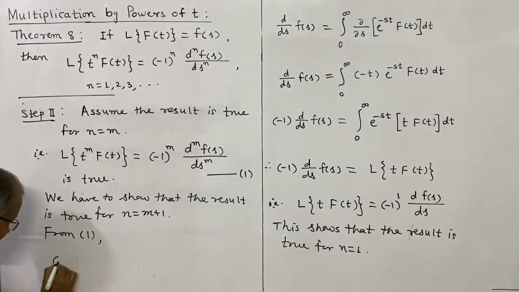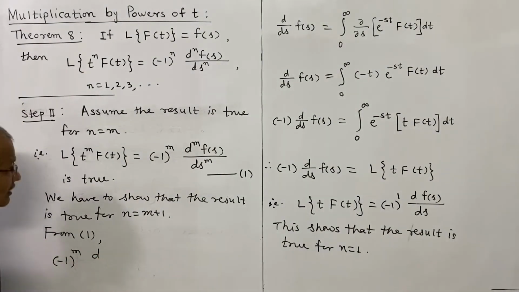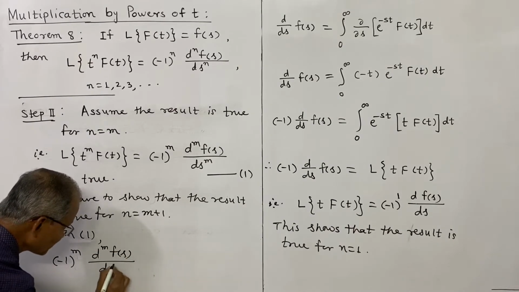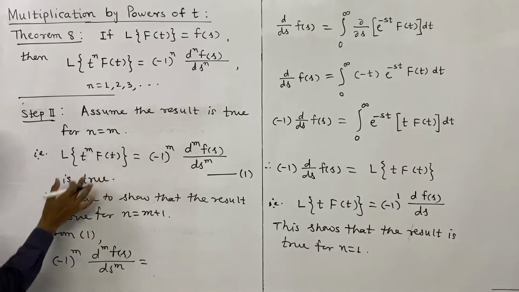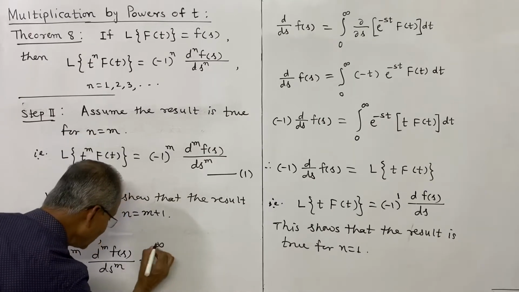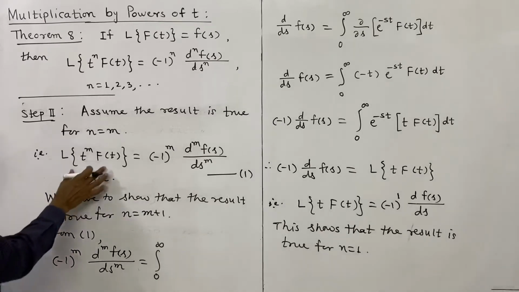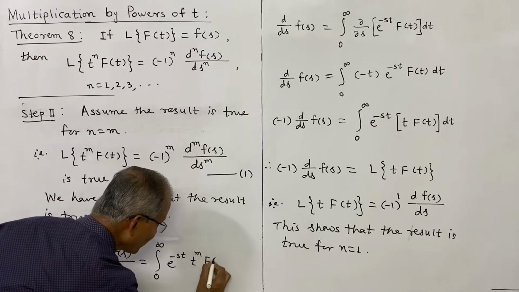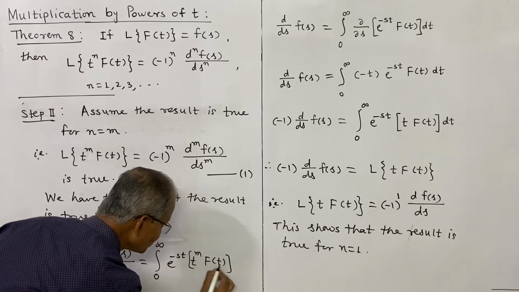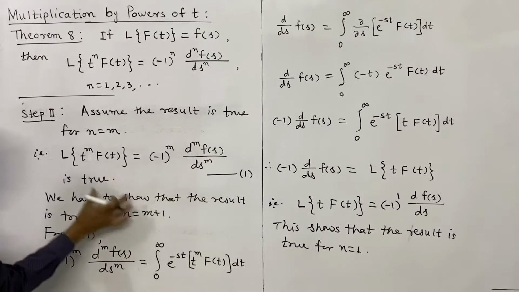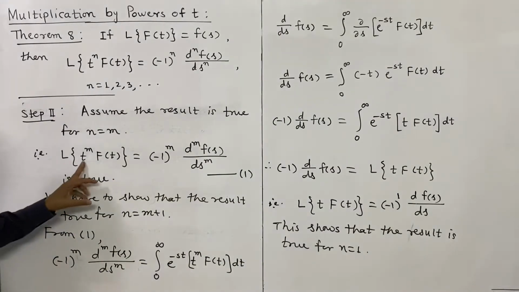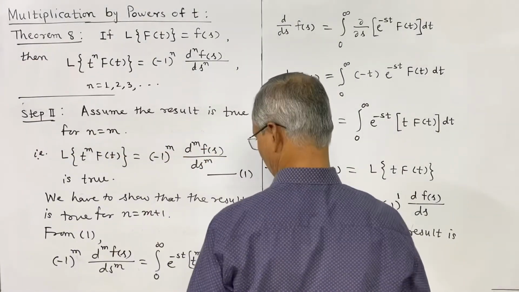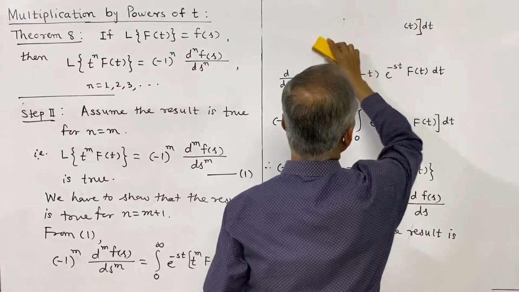From 1, minus 1 power m, the mth derivative of F(s) with respect to s is equal to, and by definition the Laplace transform is the integral from 0 to infinity of e power minus st, t power m f of t, dt. This is written as the right side, the Laplace transform of t power m into f of t. And now, as earlier, we shall differentiate both sides with respect to s.